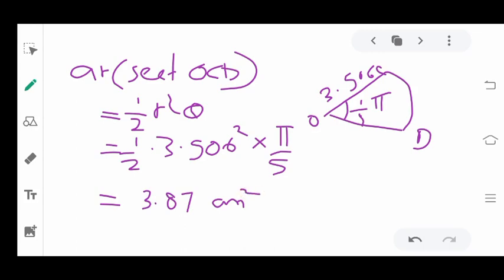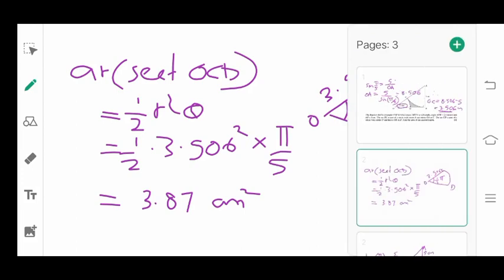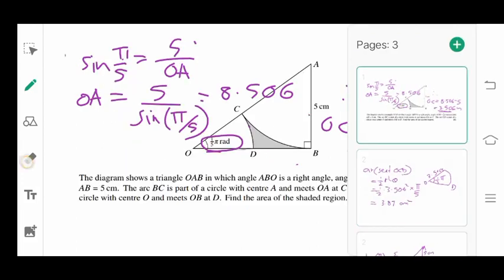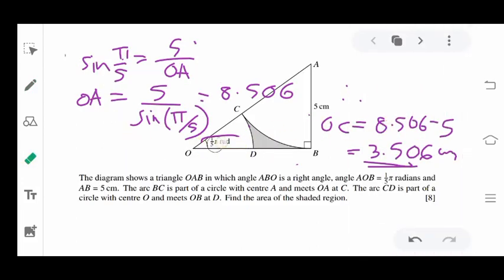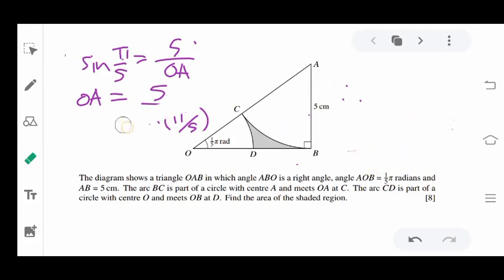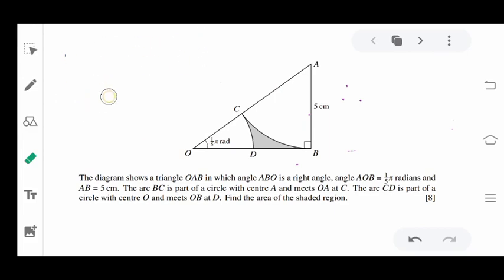Okay, now we need one more area, which is the area of sector ABC. But to find the area of sector ABC, the radius is given, and the angle is missing. So we can find this angle easily using angle sum property. The total is pi radian, delete 1 by 5 pi and pi by 2.